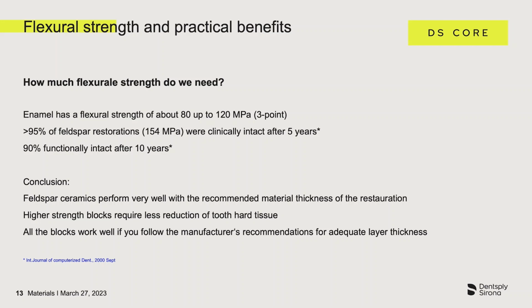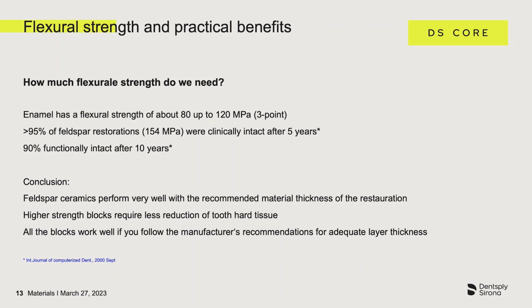We know that the reduction for feldspar ceramics, according to their hardness, should actually be at least 1.5 millimeters occlusally, rather 2 millimeters, in order to guarantee precisely this long-term clinical function.